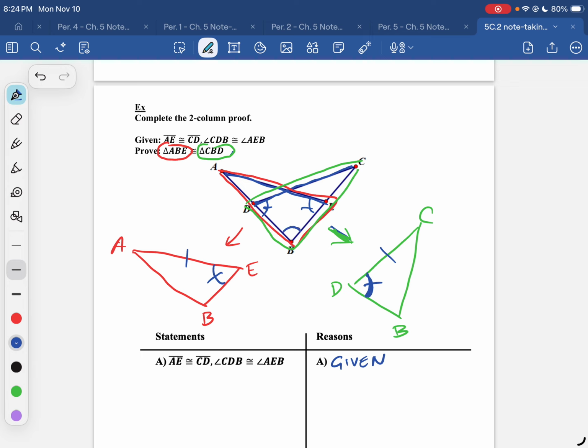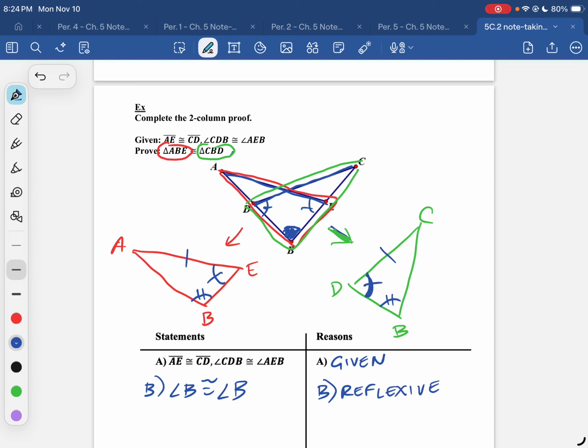And in this case, this angle at the bottom is in both triangles. It's the bottom angle in both triangles. So I can say then that this angle is congruent to itself. I can say angle B is congruent to angle B, and it's okay to use one letter there because there's only one angle B in the diagram. And when something's congruent to itself, that's the reflexive property of congruence. So I'll just write reflexive there, okay?